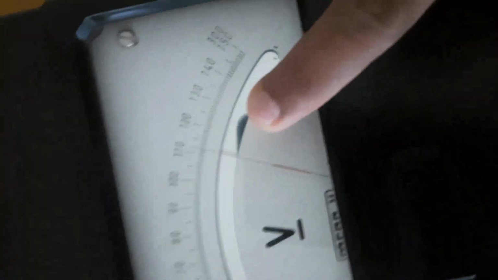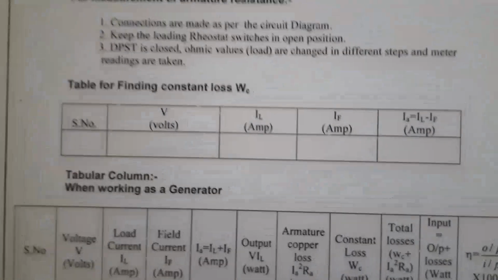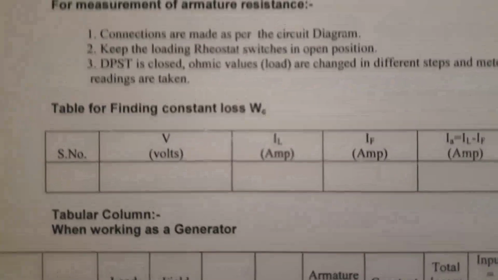and supply voltage. So based upon the connections that we have given, we have to use the multiplication factors, and with the help of meter readings, we have to take the readings in the tabular column.